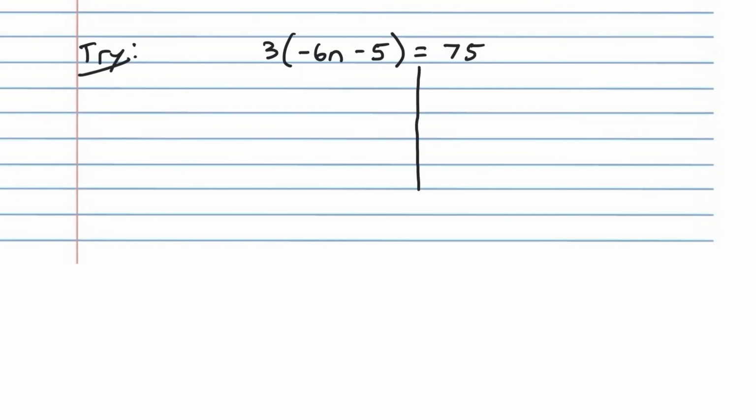Okay? There are going to be some bigger numbers in this equation, so if you need a calculator, don't be afraid to use one. That's perfectly acceptable. Okay? All right, go ahead and pause the video at this point, and then try it out. And then when you're ready to check your answer, go ahead and press play.